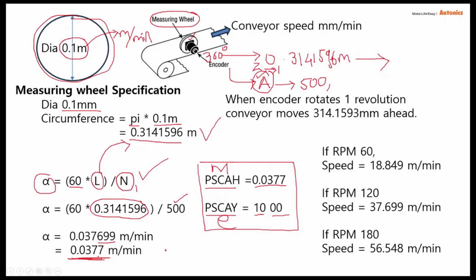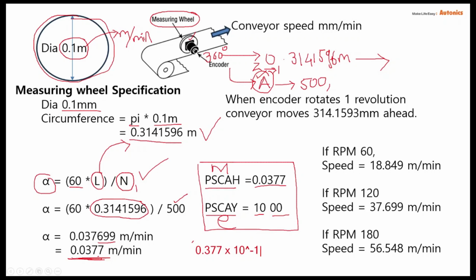Let's say my alpha value, I can also write the same alpha value in this format. For example, I can write it as 0.377 multiplied by 10 raised to -1.